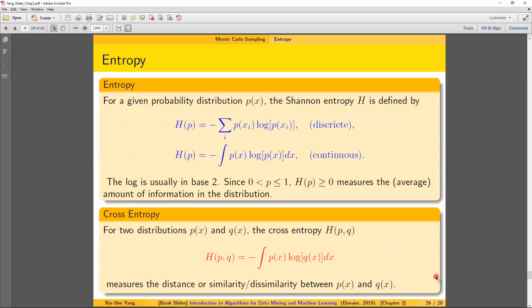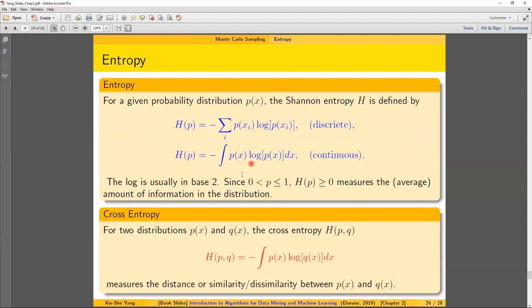After this section on Markov chain Monte Carlo sampling, we want to discuss a new topic called entropy. For a given probability distribution P(x), the Shannon entropy H is defined as H(P).